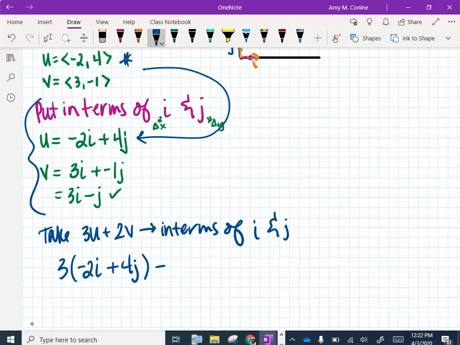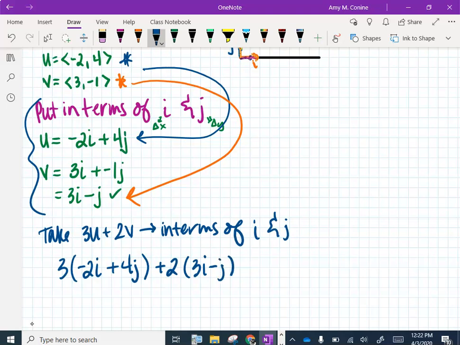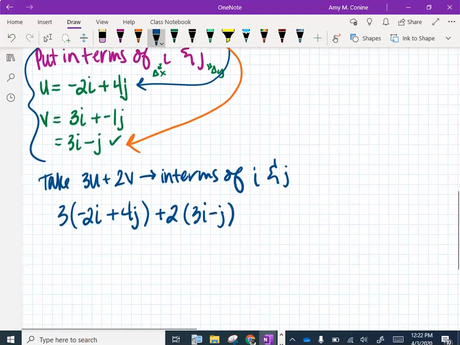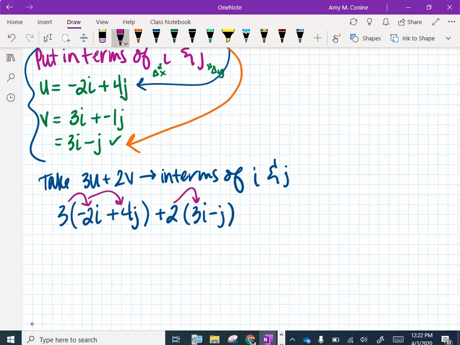Then I'm going to do the same thing with v. I'm going to put my scalar, and take what I got for vector v in terms of i and j and rewrite it in there. So now I can just focus on doing algebra and solving my problem.